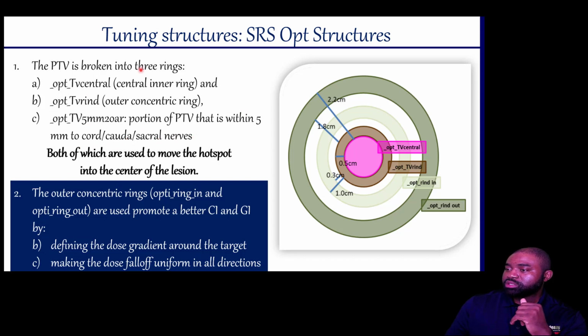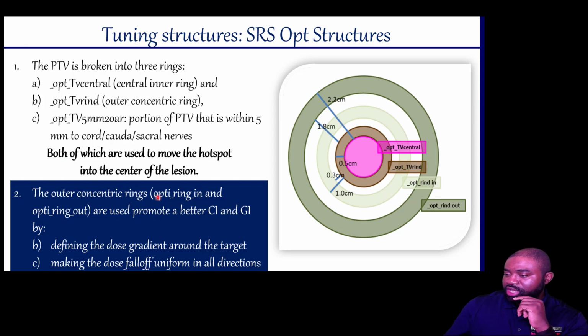Now the function of these 3 rings is to do one thing: promote the hot spots to move to the center of the lesion, and secondly, to promote heterogeneity within the lesion.